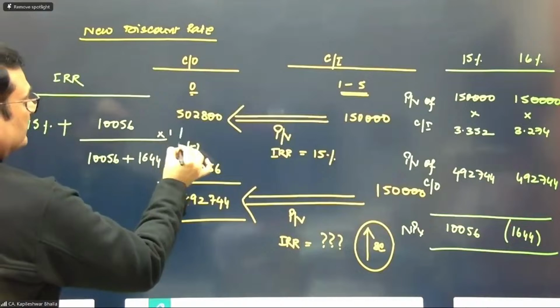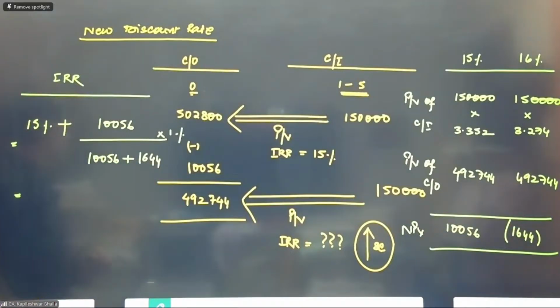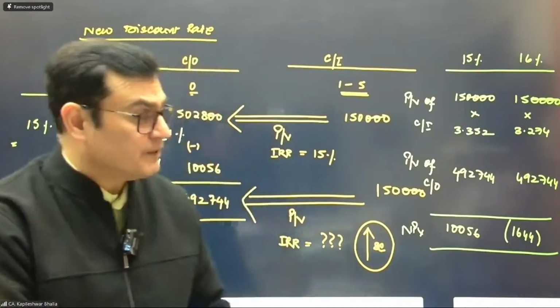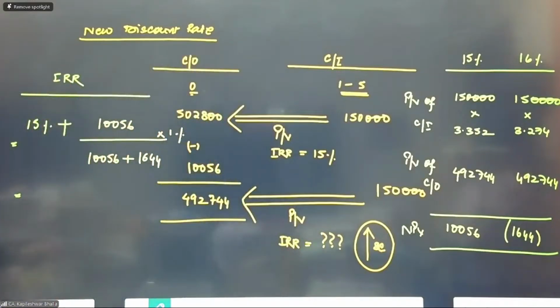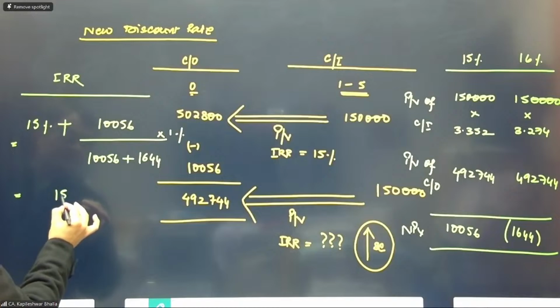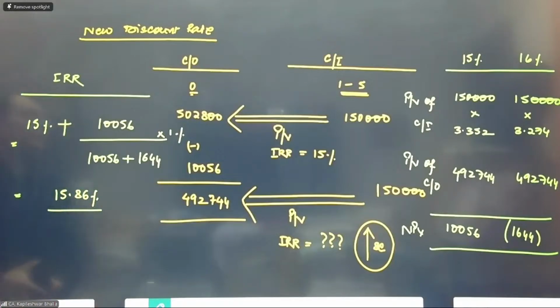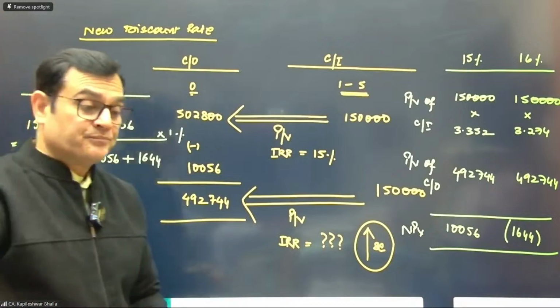So we can get the internal rate of return. Let's see what the new internal rate of return is. We've done the interpolation, it comes to 15.86%. 15.86% is the new internal rate of return.